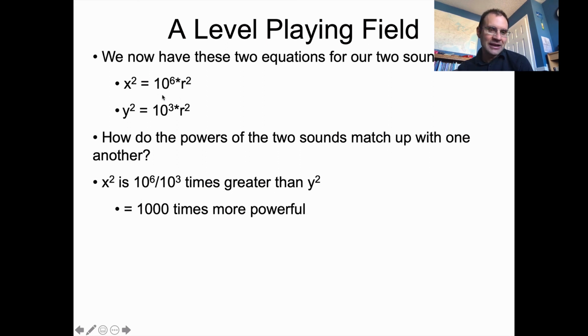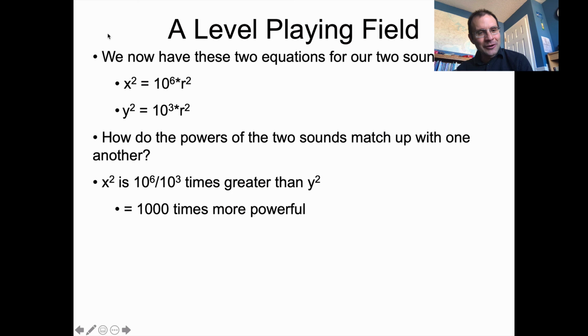I'm basically just taking that and dividing it by that. 1,000,000 divided by 1,000 is 1,000. If you don't feel super comfortable doing this math in your head, again, there's more you can refer to on that handout that I posted to the webpage. But ultimately, if you have 10 to the 6 divided by 10 to the 3, you wind up with 10 to the 6 minus 3 power, or 10 to the 3rd power, 1,000.